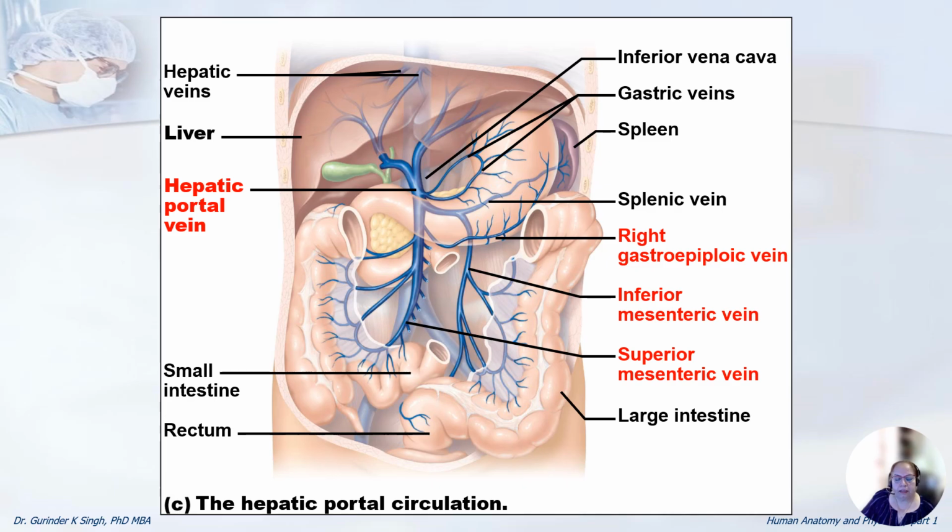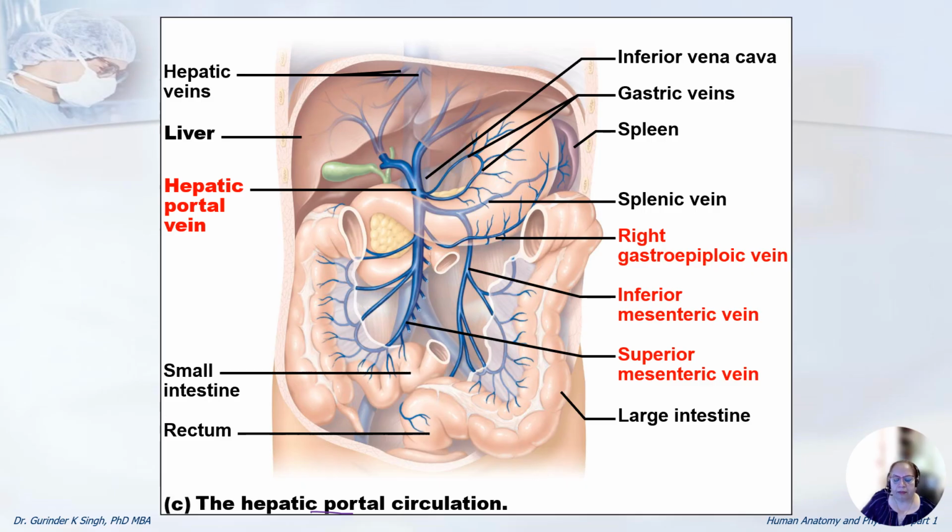Okay, this picture reviews the venous system, or what we call the hepatic portal circulation. So let's look at some of the organs in this picture. In this one we have removed the stomach so we can have a better view of the hepatic portal system.